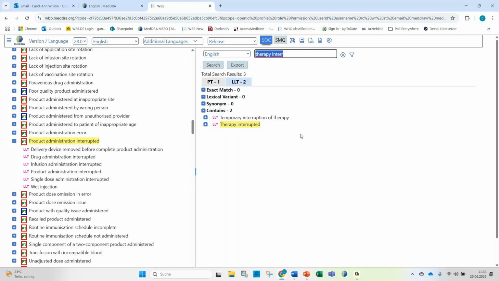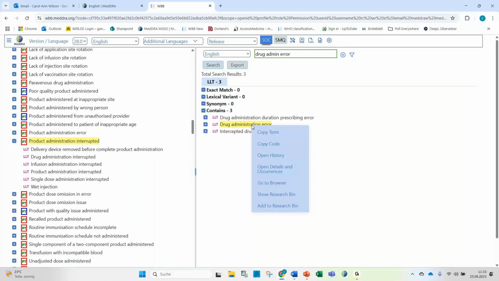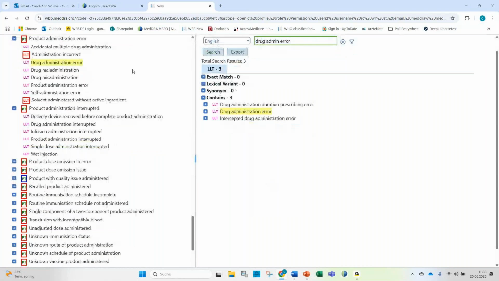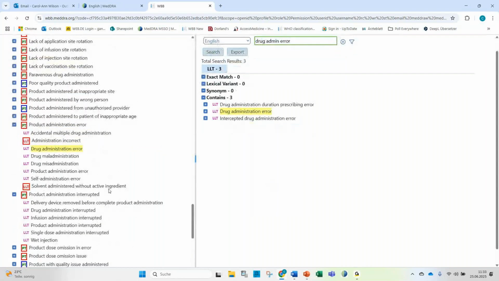We had one option, drug administration error. Oops, spelling error. Here is the drug administration error. Go to browser. Again, we see the term.